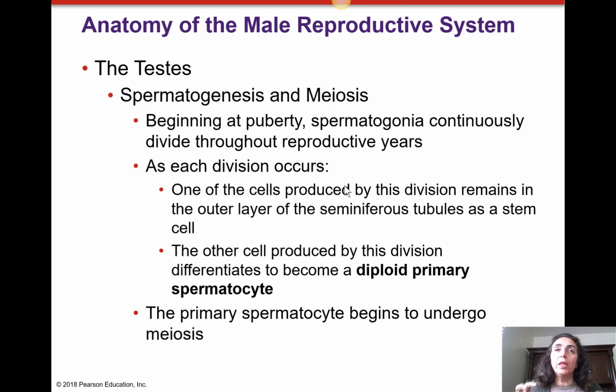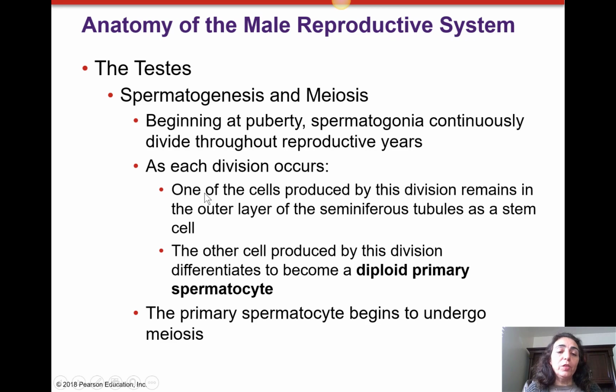You remember that the result is two daughter cells that are completely identical to the original parent, right? So the first spermatogonium had 46 chromosomes. The two daughters are completely identical to the parent spermatogonium, right?